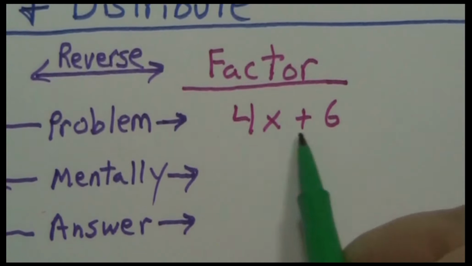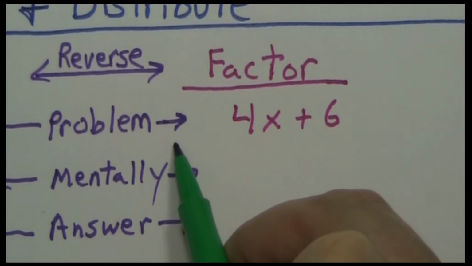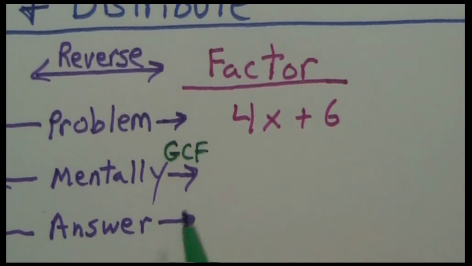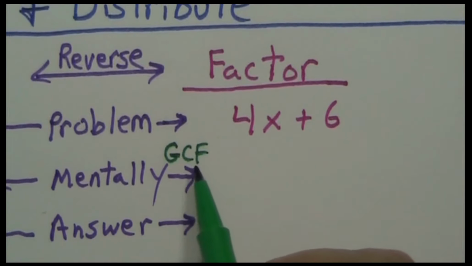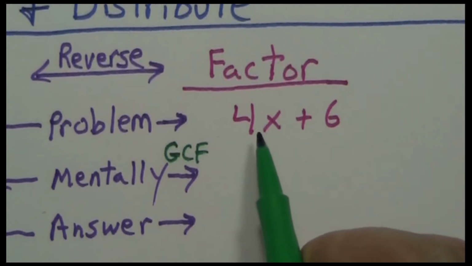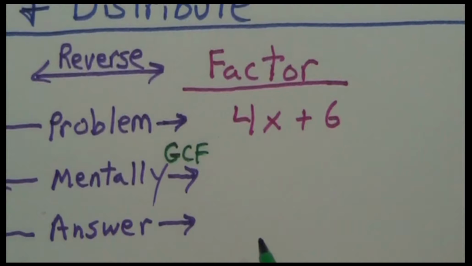Now what we're trying to do here when factoring is, if you remember, we have the greatest common factor, GCF. That is the number that goes into both of these. What number will fit into 4 and 6?